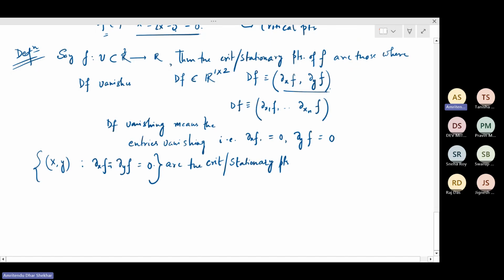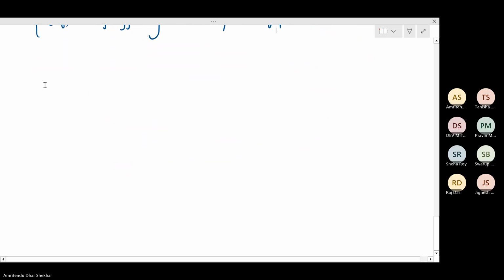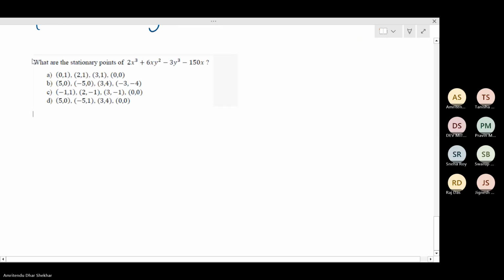Okay, so let's take one example. The question is, what are the stationary points of this function? Here you have to take del x of f and del y of f and equate them to 0. So what is del x of f?